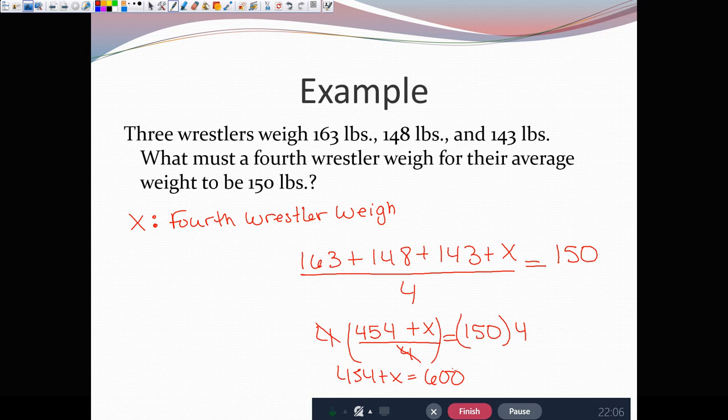Then I'm going to subtract 454 from both sides. And what is my x going to equal? 146. So my 4th wrestler weighs 146 pounds. And there was nothing else that I needed to find, so I don't need to substitute anything back into the equation.